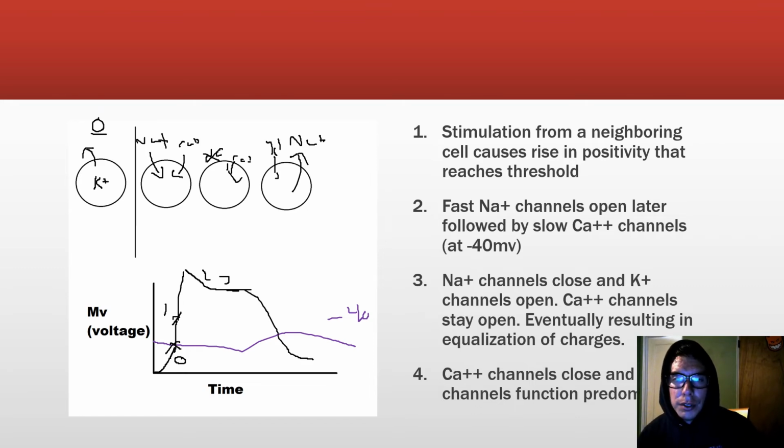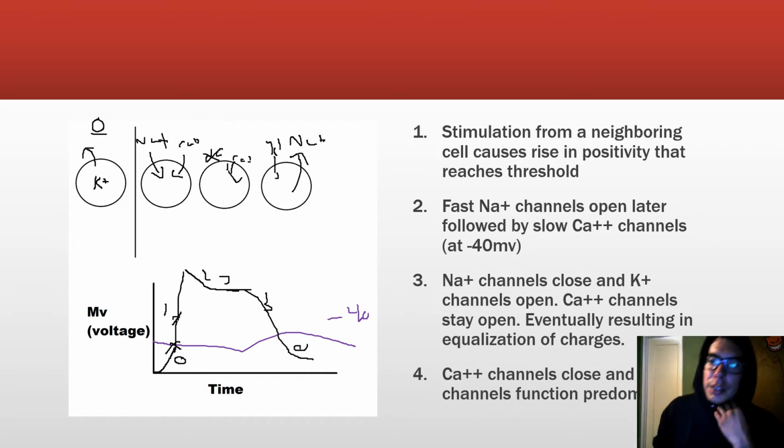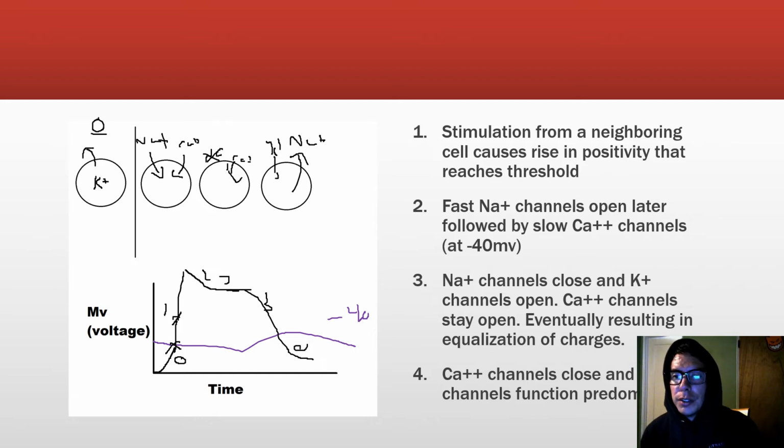So go 1, 2, I think that's 3, and then 0, back to phase 0. So that's important to understand, but you don't really need to understand it in extreme detail for basic EKG interpretation. You do need to get the general idea of it at least.